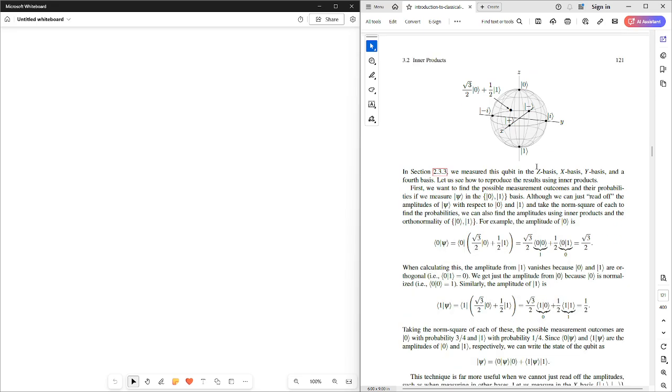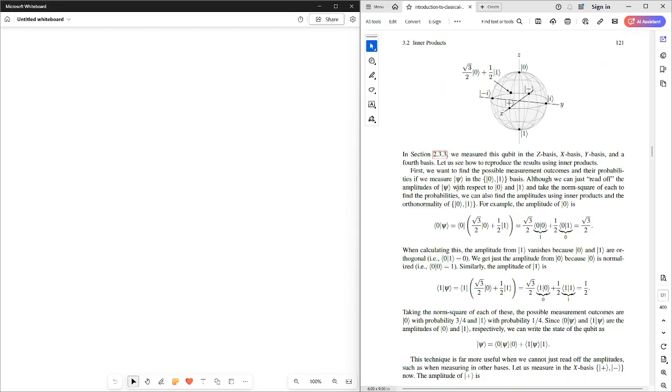So we can reproduce measurement using inner products. Let's say we want to measure psi in the 0, 1 basis. We're going to find the amplitudes using inner products and the orthonormality of the basis set ket 0, ket 1.